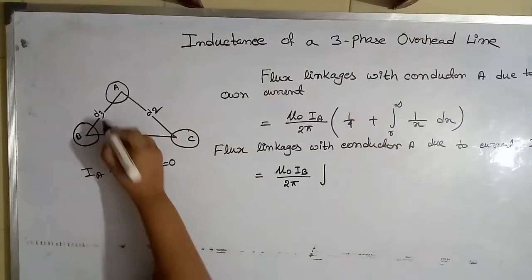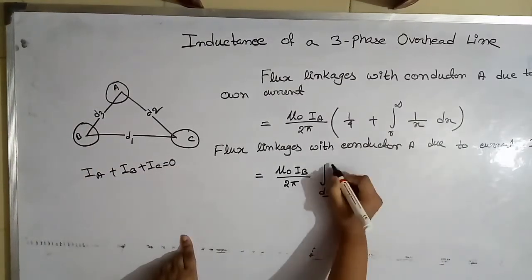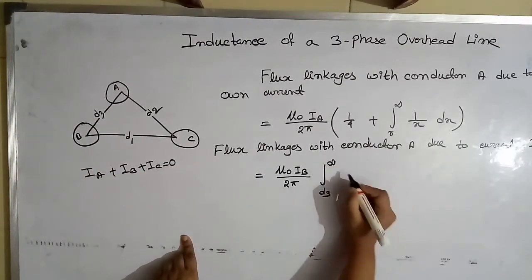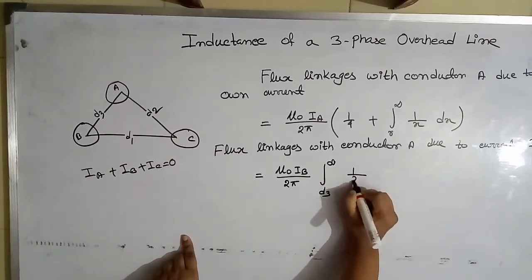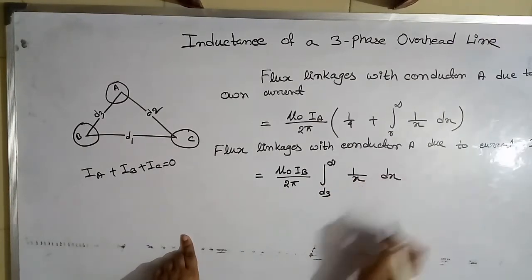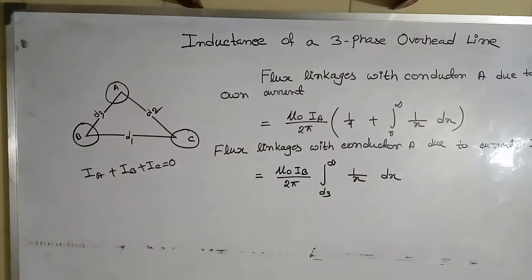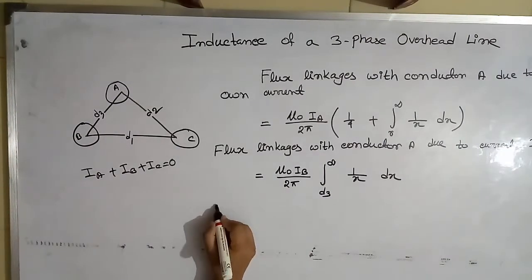Here distance is D3, so D3 to infinity 1 by x dx.